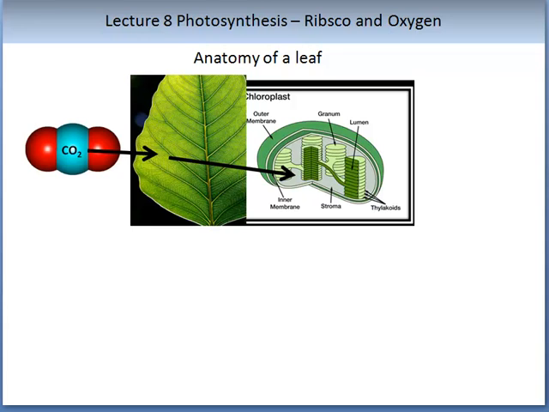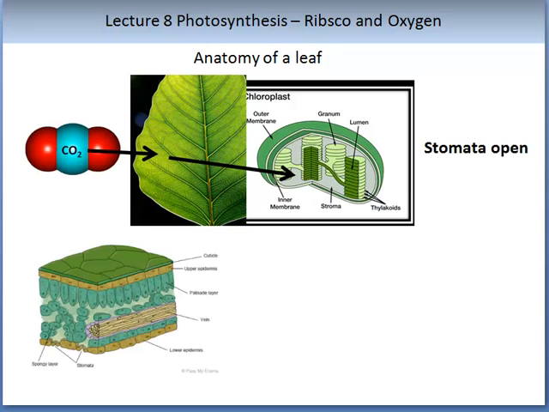The light reaction occurs in the thylakoids. When stomata are open, transpiration or pull in many situations can occur, and this process of carbon dioxide entering into the stroma and being utilized in the Calvin-Benson cycle is an efficient mechanism.